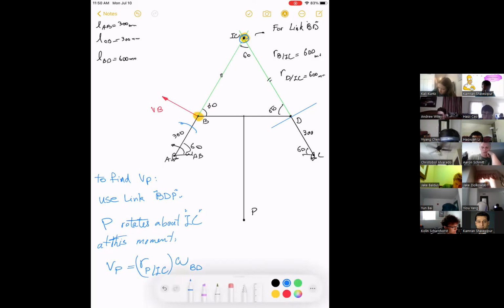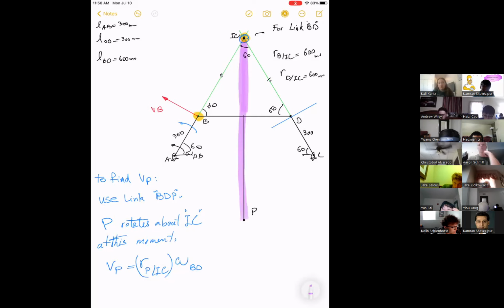Practically, this is the radius of rotation for point P, and I need to find that. This part is 700. I need to find this part.